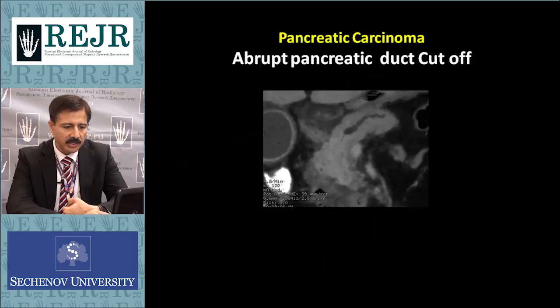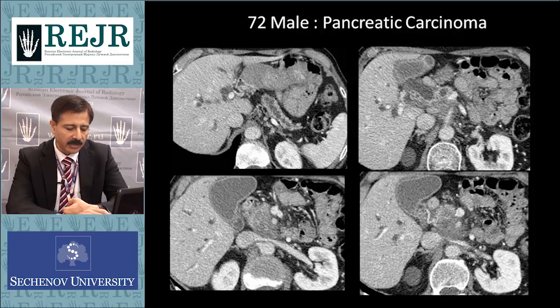Here is a case of pancreatic carcinoma, where you can see that the pancreatic duct is dilated here, and the lesion itself is in this region at the head and the uncinate process. It is also causing CBD dilatation, which we can see here.